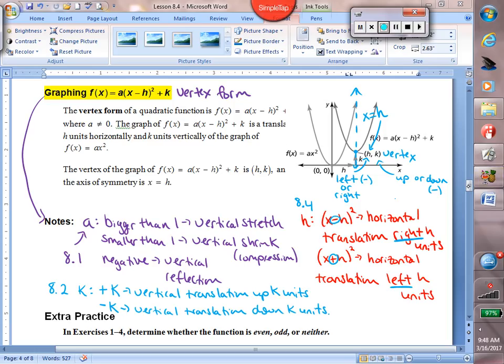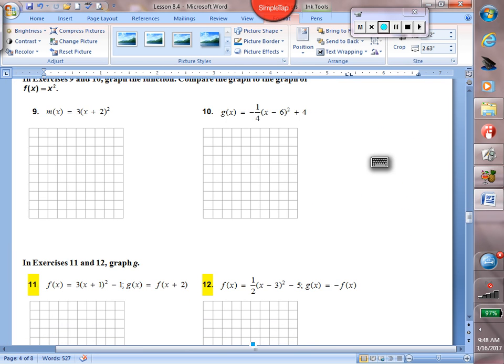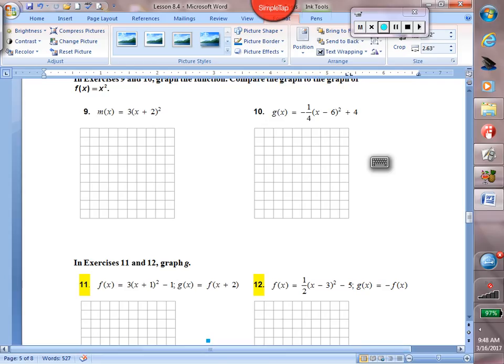So now let's bring all of this together. Turn to page 264 in your student journal, and we're going to look at numbers 9 and 10. What I want to do first is identify any transformations that we may come across with our graph. I like to go left to right in my function, picking out the transformations.